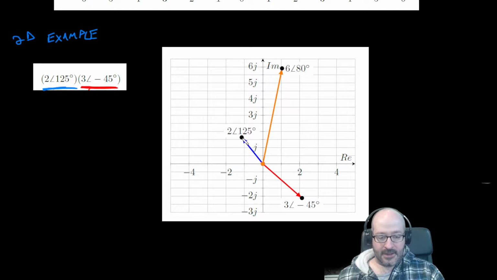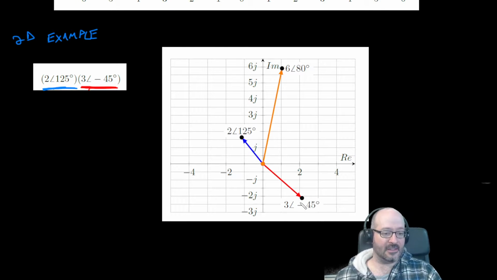So if I take 2 at an angle of 125 and I stretch it to be 3 times as long, it's going to be out here at 6 at an angle of 125. Then if I add the angles, 125 and negative 45, I'm going to rotate till I'm over here at 6 at an angle of 80. Now, multiplication is commutative, and that just means that I can flip these around.